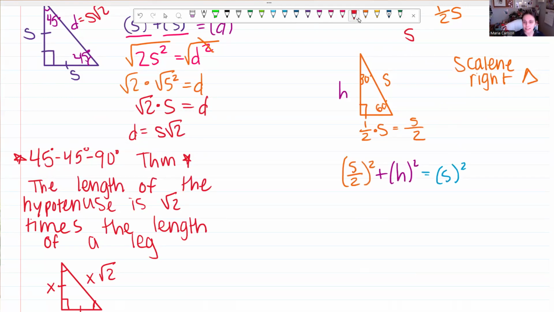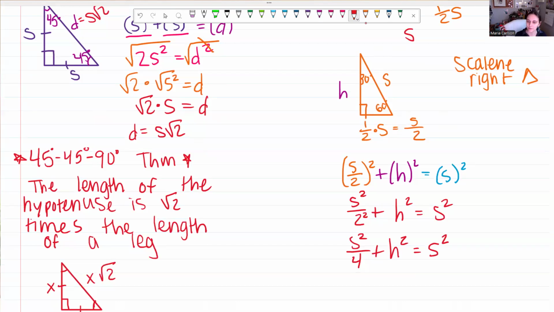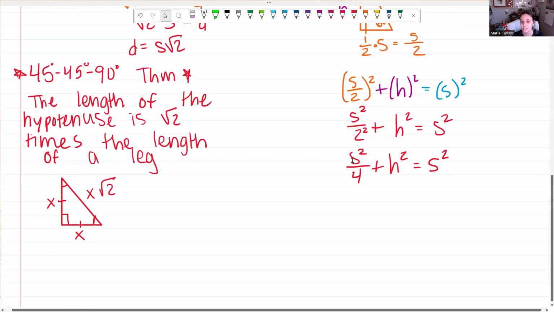Now, s over 2 squared is really like s squared over 2 squared, plus h squared is equal to s squared. Now, s squared over 2 squared is s squared over 4 because 2 squared is 4. So I have s squared over 4 plus h squared is equal to s squared. Now, again, my goal is to find this h.